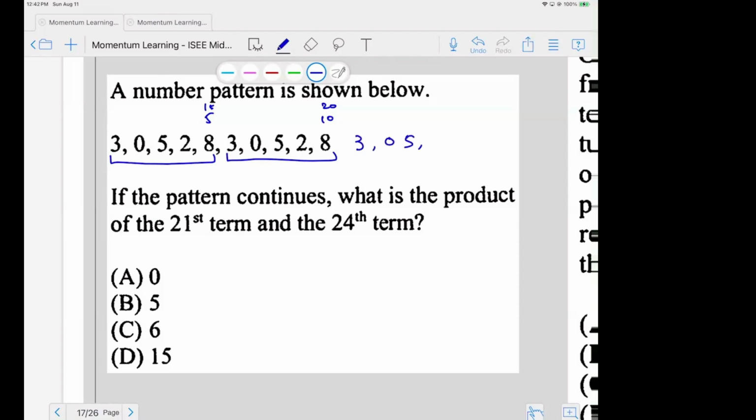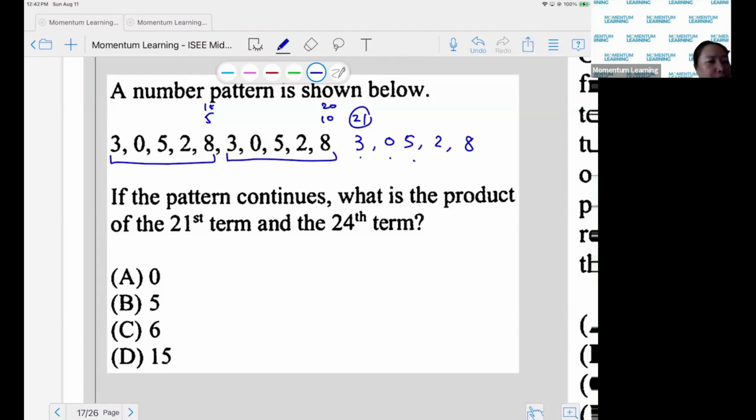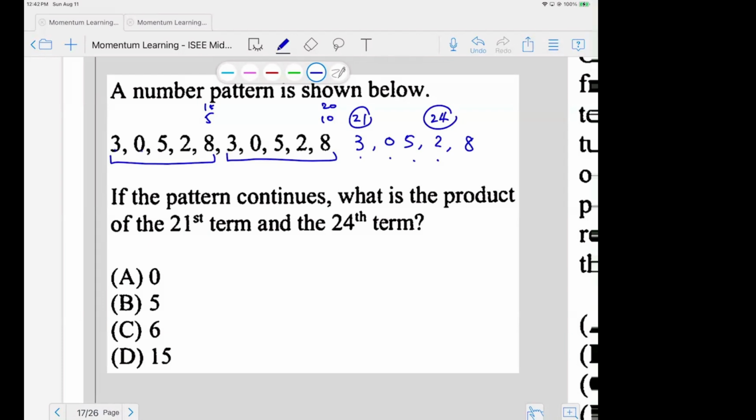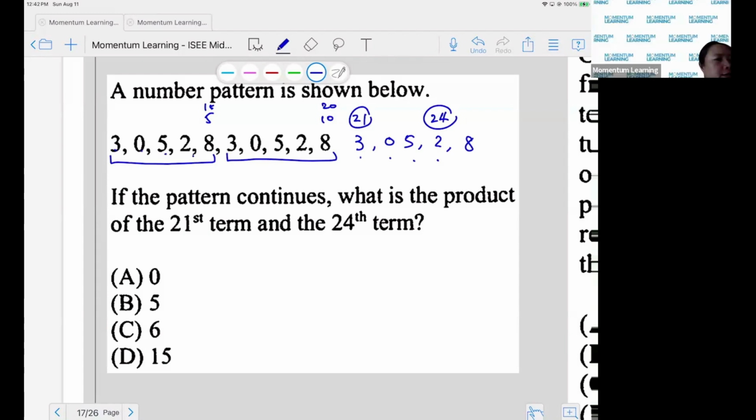And for 24, same as how you got 3. The pattern repeats every five. So 21 is 3 and 24 is 2. So the answer should be 6.